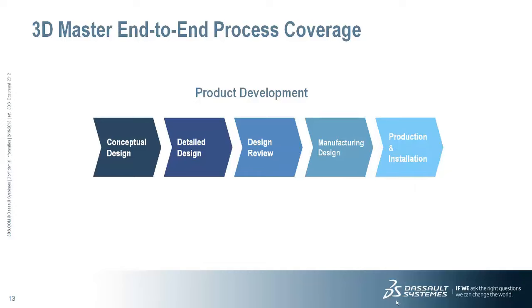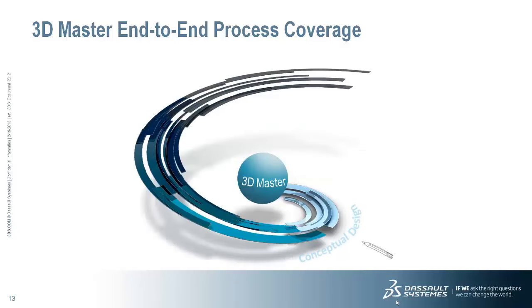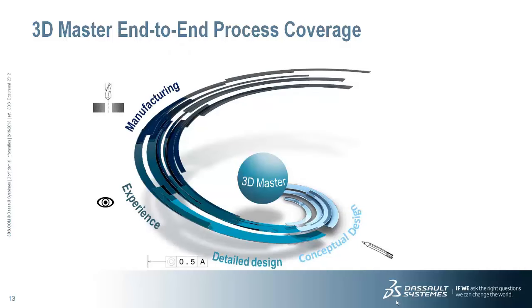And what we are introducing with 3D Master is the continuity from conception to production. With one single 3D reference definition, 3D Master is at the heart of this to capture the information which is individually defined. We can show the value across the whole process, unifying the different phases, but we can also show the value to each individual phase.